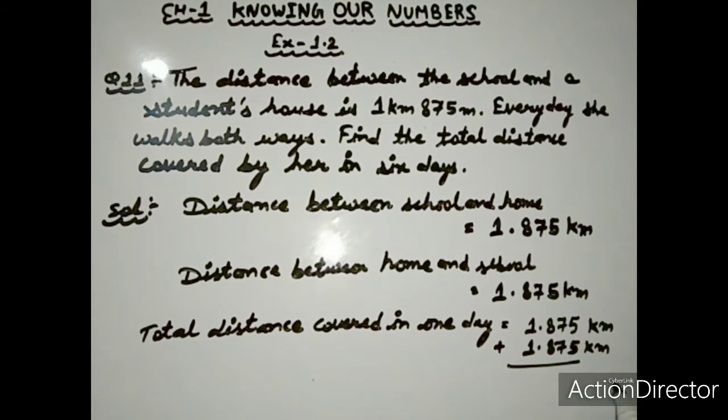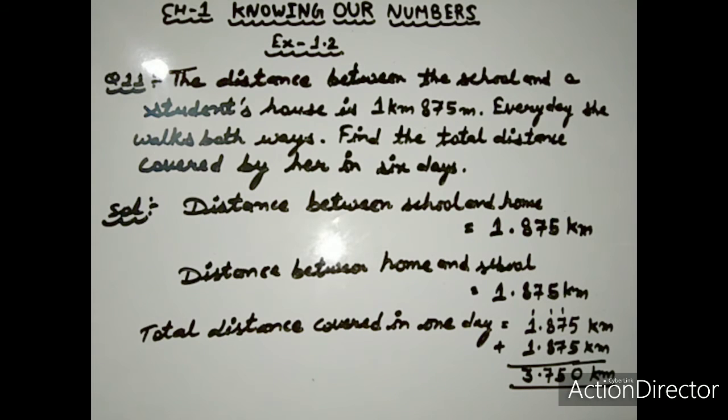Now here we add these two quantities. 5 plus 5 is 10, 0 and 1 carry, 7 plus 7 is 14 plus 1 is 15, 5 and 1 carry, 8 plus 8 is 16 plus 1 is 17, then 1 carry here, 1 2 3. 3.750 kilometer. So here the total distance covered in one day is equal to 3.75 kilometer.